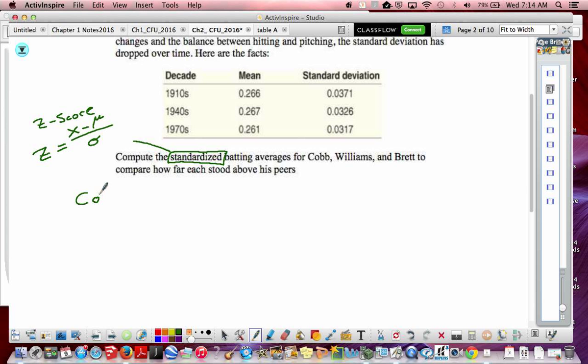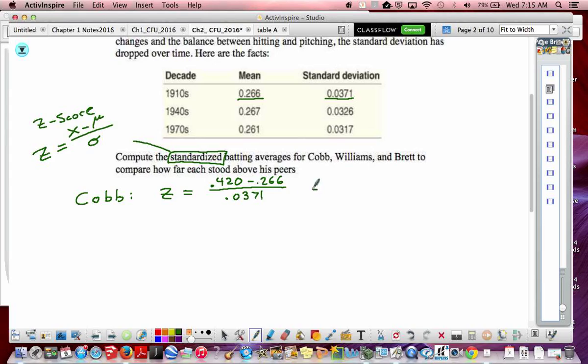So we're going to start with Cobb. Cobb was in the 19 teens, so for his z-score, he batted .420, that was his score, .420, minus .266, divided by his standard deviation, .0371. Again, I'm subtracting its mean and its standard deviation from up here.